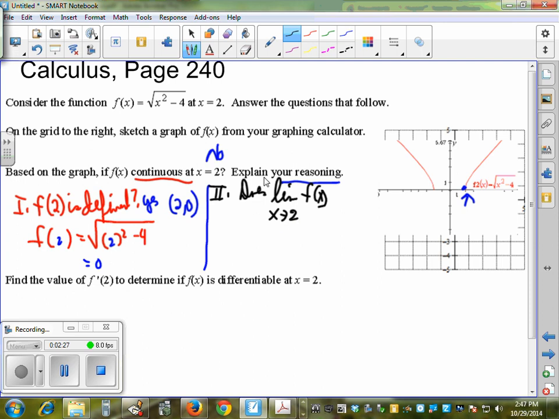First of all, we can look at the graph. As x approaches 2 from the left, we know y equals 0. But as x approaches 2 from the right, y is 0. As x approaches 2 from the left, it doesn't exist. Let's show why.